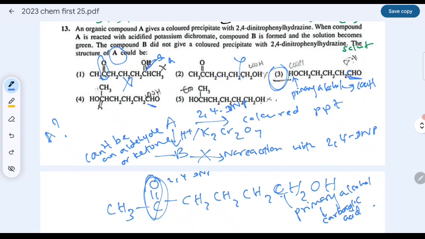Now in the third answer, if I go for it again, it contains an aldehyde, and this aldehyde is also turned to COOH. Therefore, there are no remaining aldehydes or ketones, so it gives no colored precipitate with 2,4-DNP. That's why I chose the third answer as the correct answer here.